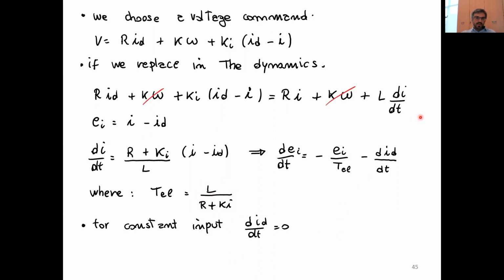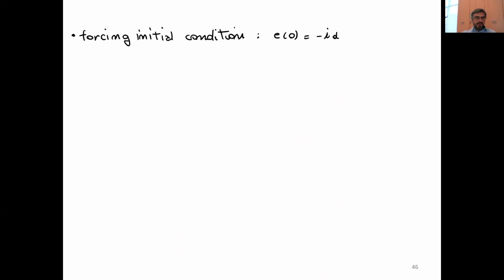And for a constant input, the derivative of the desired current is 0, and we have a first order differential equation that you know how to solve in closed form. The solution is that the evolution of the tracking error is a negative exponential of t over tau L times the initial value of the tracking error. Forcing an initial condition, we know that if at the beginning the current is 0, the tracking error will be minus ID.